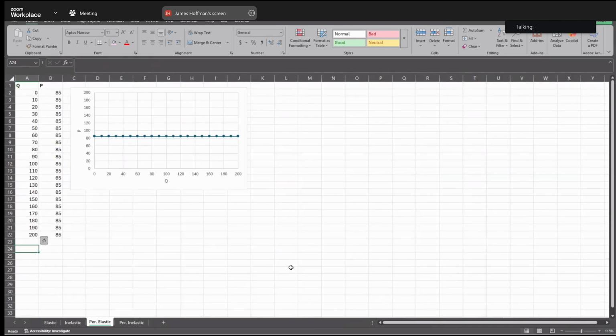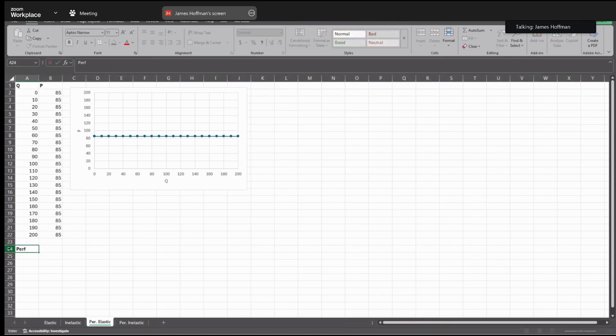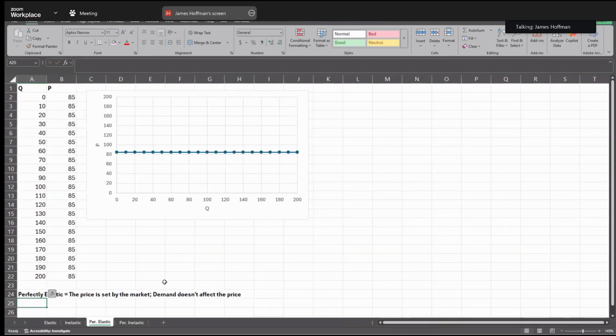If I define perfectly elastic here, this means that the price is set by the market, and demand is constant. Demand doesn't affect the price.